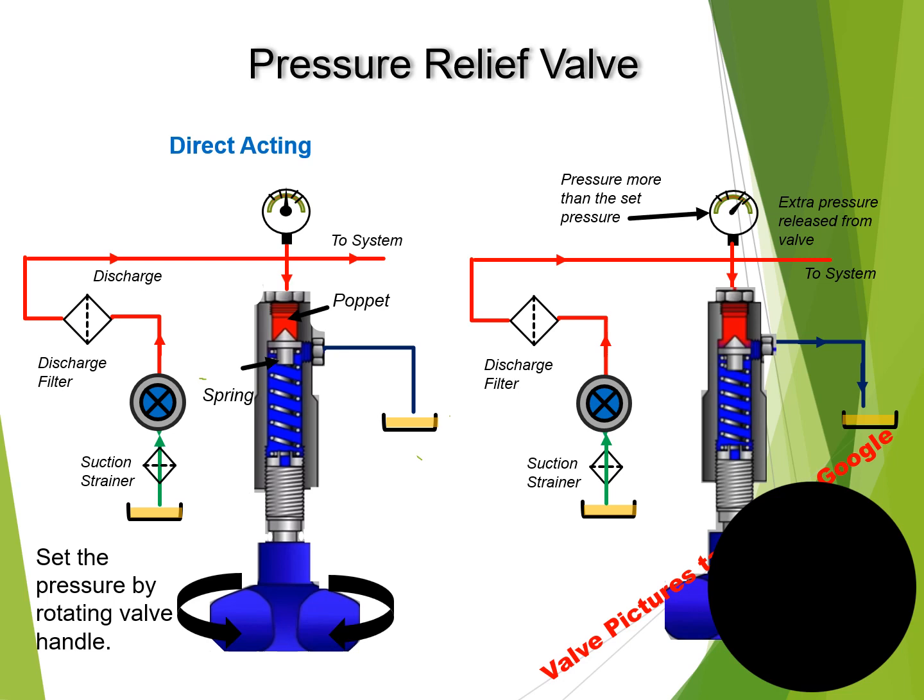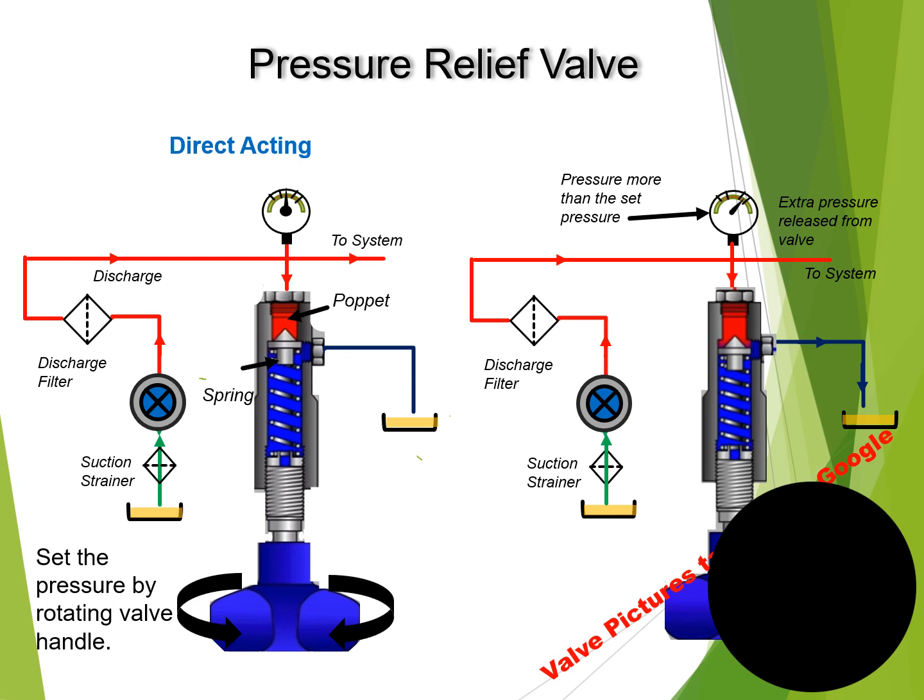One more thing, if the set pressure is 100 bar, then the poppet will not go down at 100 bar only. It will start going down maybe at 90, 92 bar, slowly. And some fluid will be discharged maybe at 92, 95.